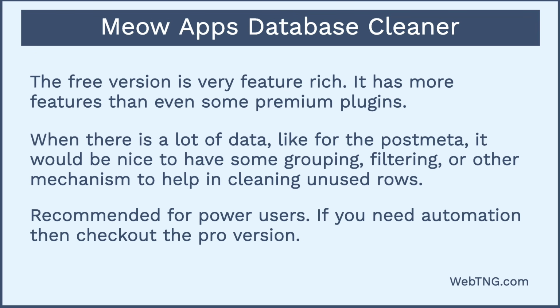But overall, I think this is a real find. The free version is very full-featured. People who have a busy site, maybe a WooCommerce store or membership site where you're importing or exporting data and you want to do some automatic cleanup, might benefit from the Pro version.